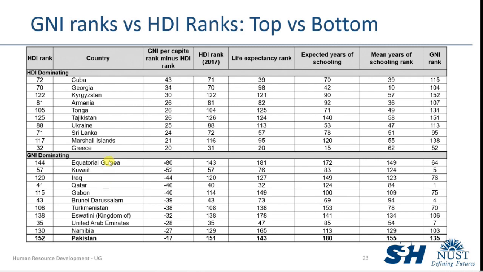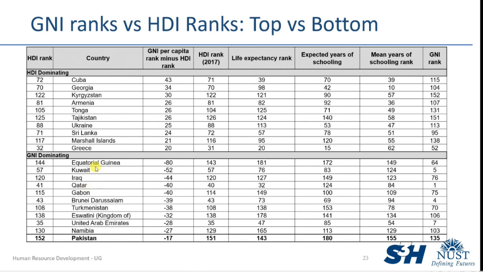On the contrary, these are the countries that are dominated by GNI. For example, in terms of GNI ranking, Kuwait is 5th. But in terms of HDI ranking, its rank is 57th. So there is a big difference of minus 52, meaning that Kuwait has high income because of oil, Iraq also, Qatar also.